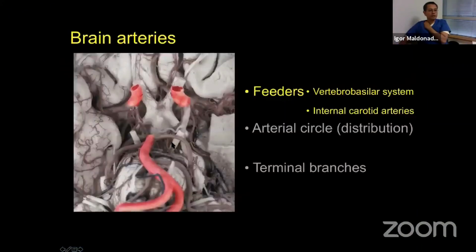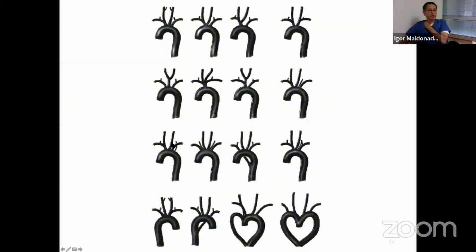Both are connected by the polygon of Willis, which is also described as the arterial circle of the brain. The vascularization of the encephalon derives from the aortic arch, which presents a certain number of variations. Some of them are quite rare, others are relatively common, and we see them from time to time. Some can be really a challenge for catheterization.